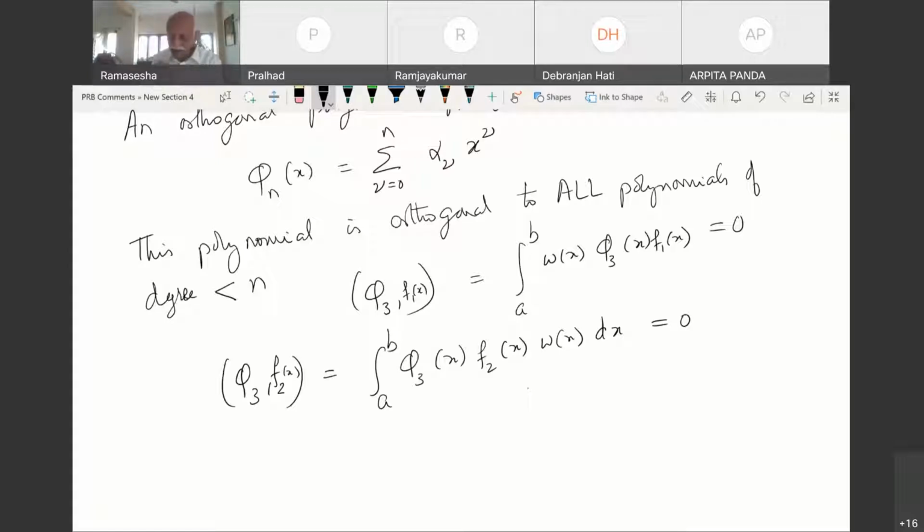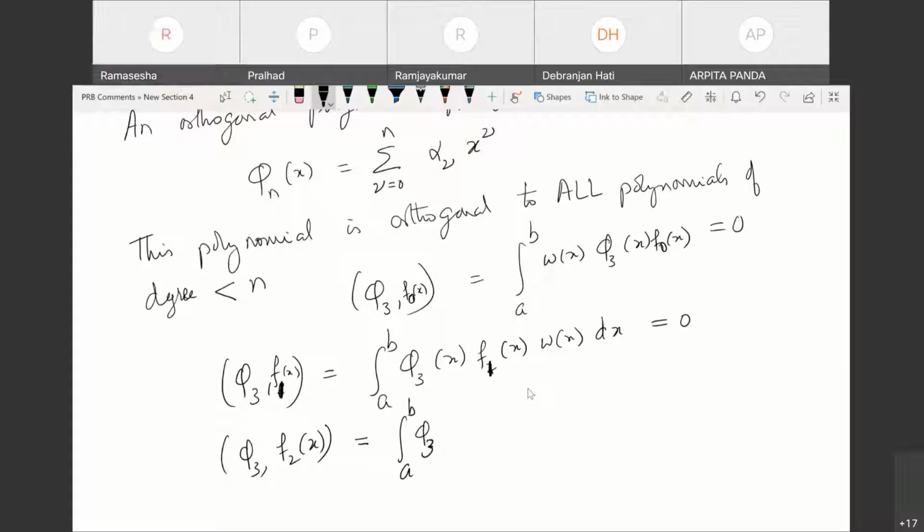So F3 is orthogonal to F1 and F2, and let me call this F0 because it's a polynomial of 0 degree. This one is f1, first degree, and p3 with f2, of any specific polynomial, the integral of p3 of x, f2 of x, w of x is equal to 0.